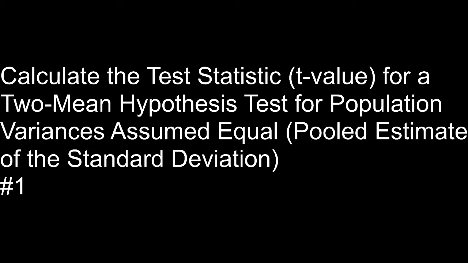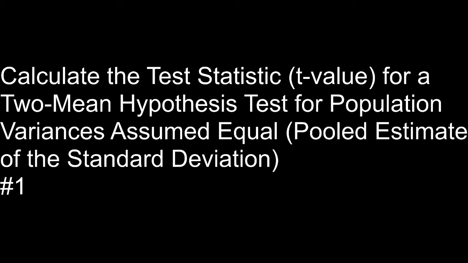And if the population variances or standard deviations are assumed to be equal, then we're going to be calculating what's called a pooled estimate of the standard deviation of the sampling distribution for the difference in sample means, and I'll get into all that means in a second.